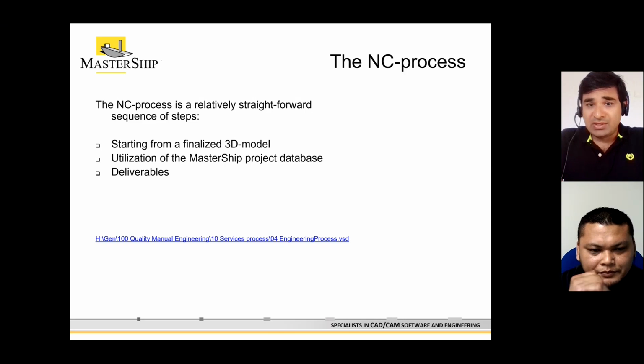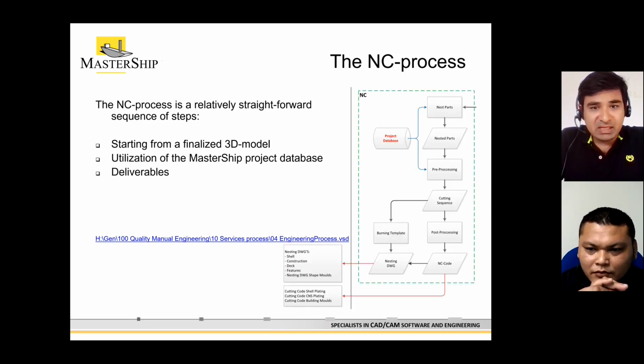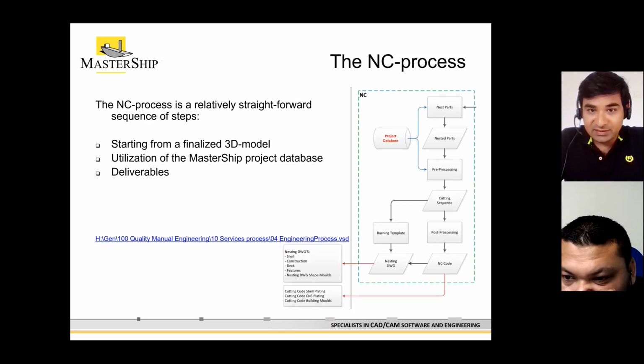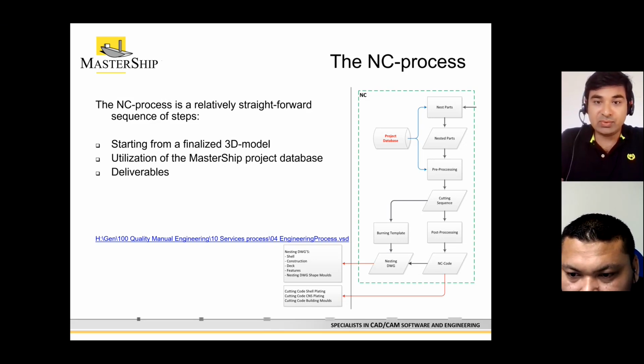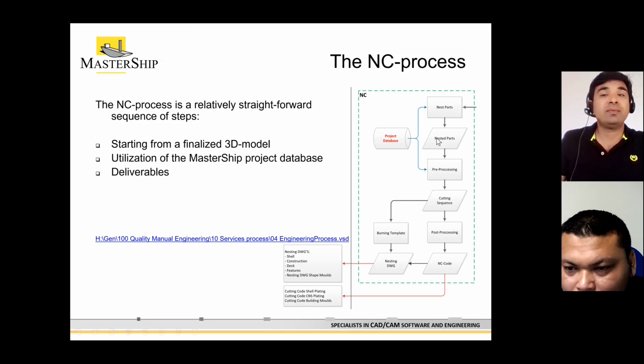So the NC process within Mastership looks something like this. You can start with nest parts, that goes to, I don't know if you can see my arrow, the nested parts, and then you can go to the pre-processing. Then you can even define your cutting sequence, how you want to cut it.